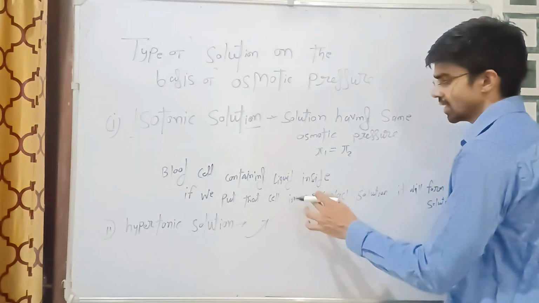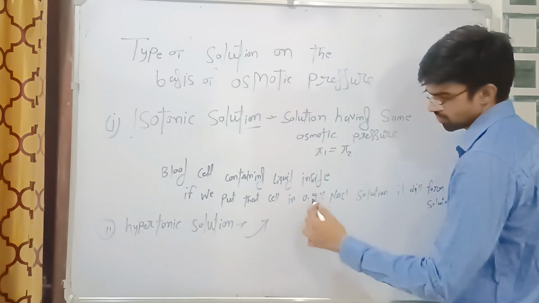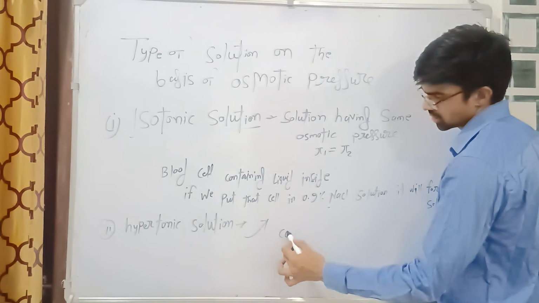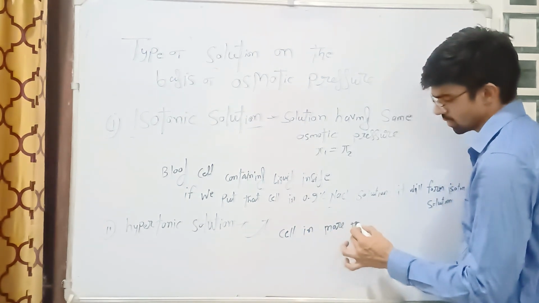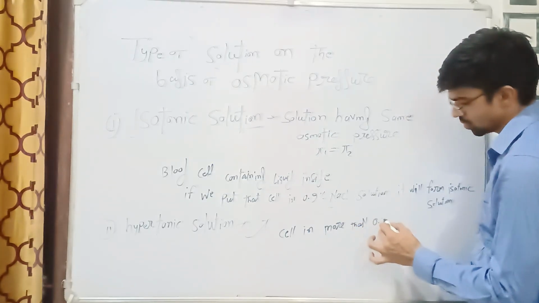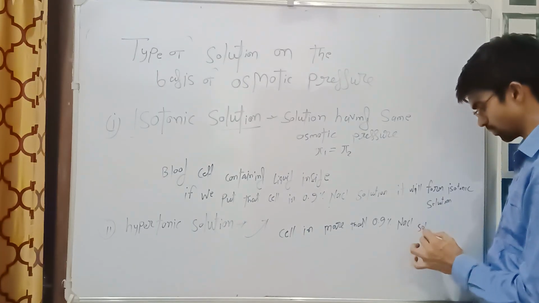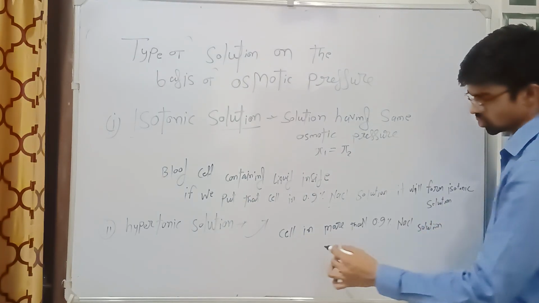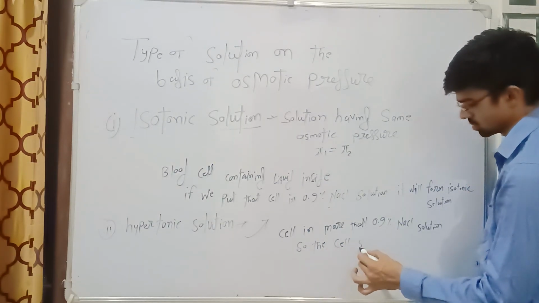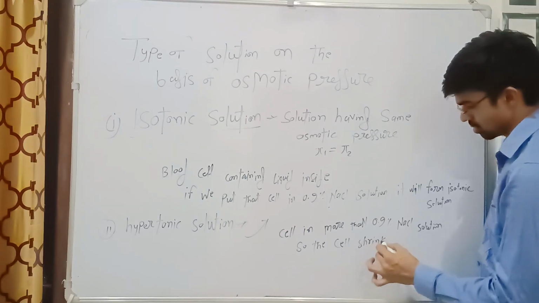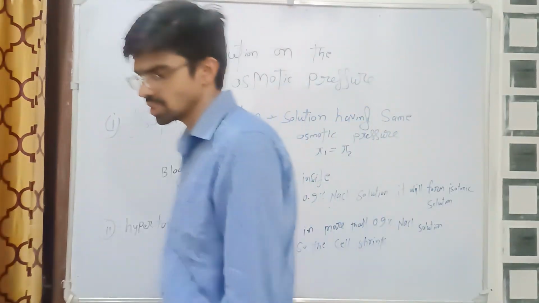If we put the cell in more than 0.9% NaCl solution, the cell will shrink, because the liquid inside the cell will move out toward the NaCl solution.